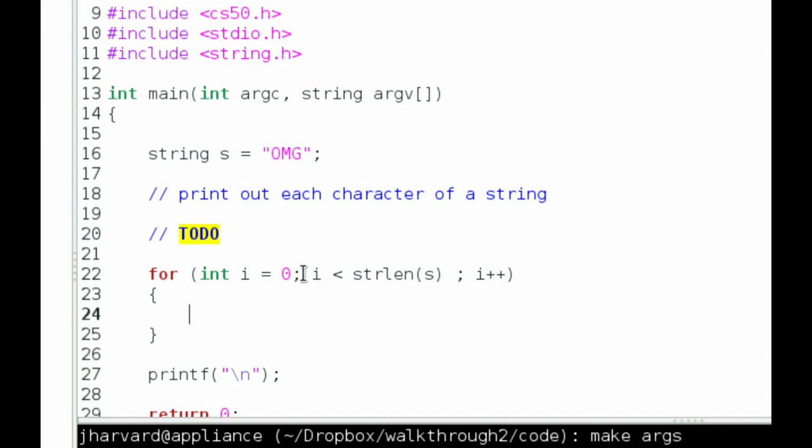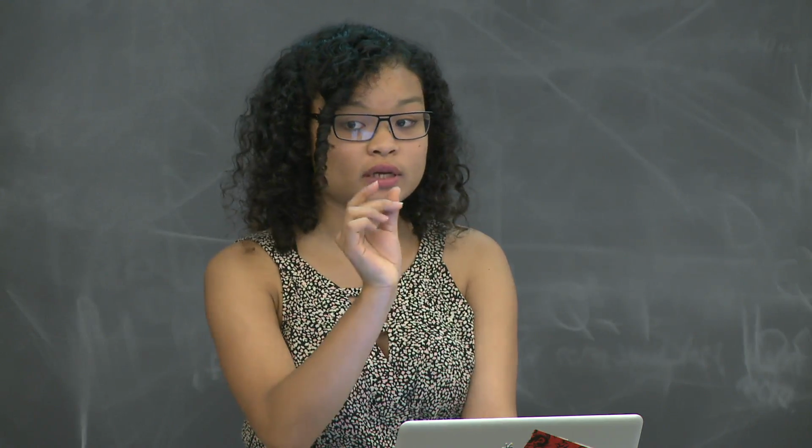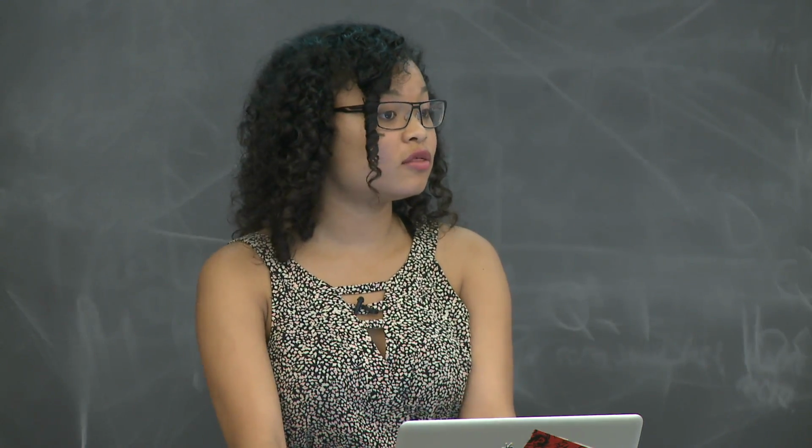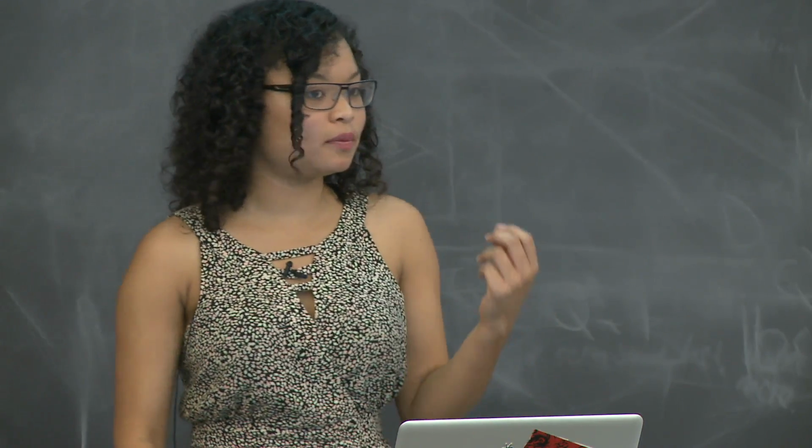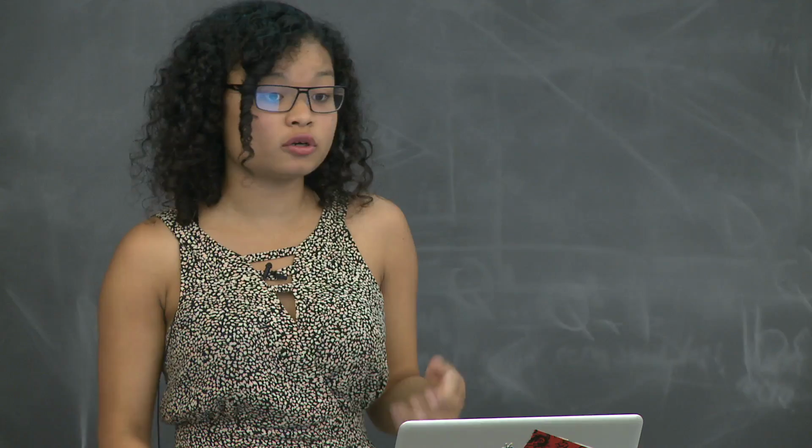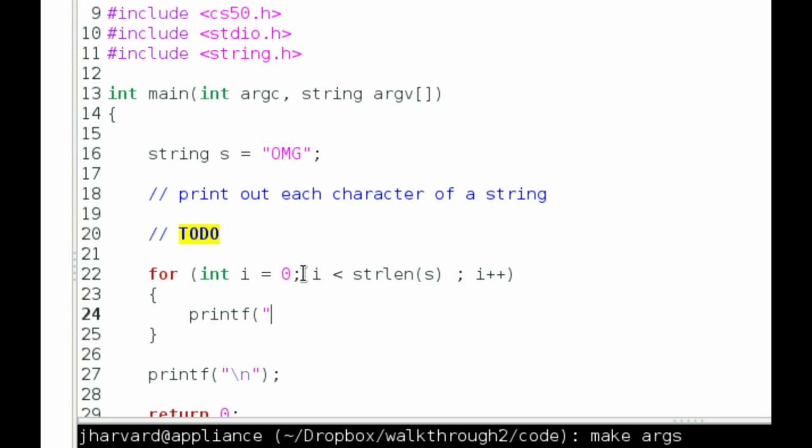Great. So then let's printf. Now we want to deal with characters, right? We want to print out each individual character. With floats, when you wanted to print a float, you would use the placeholder %f. With an int, you would use %d. And similarly with a character, you use %c to say I'm going to be printing a character that's stored inside a variable. So we have this, and let's add a period and a space to it.